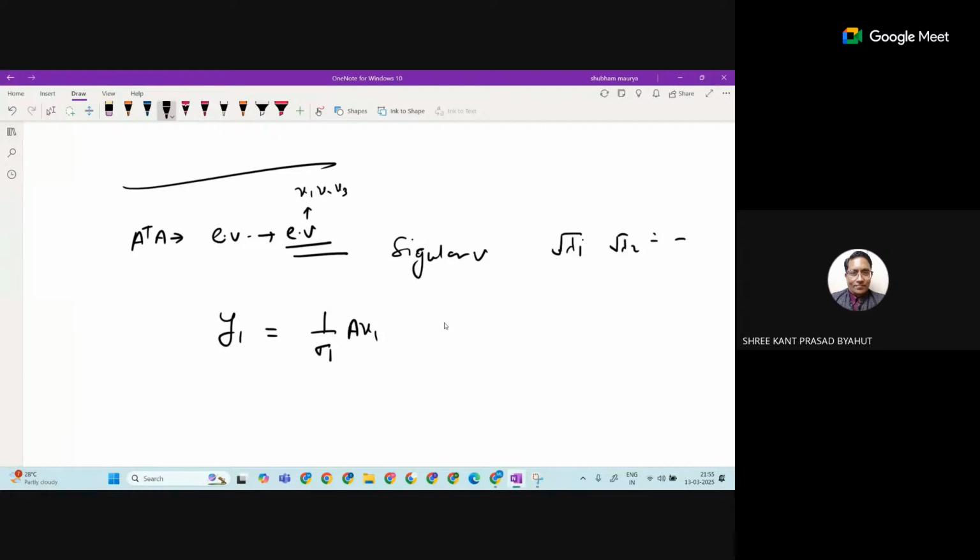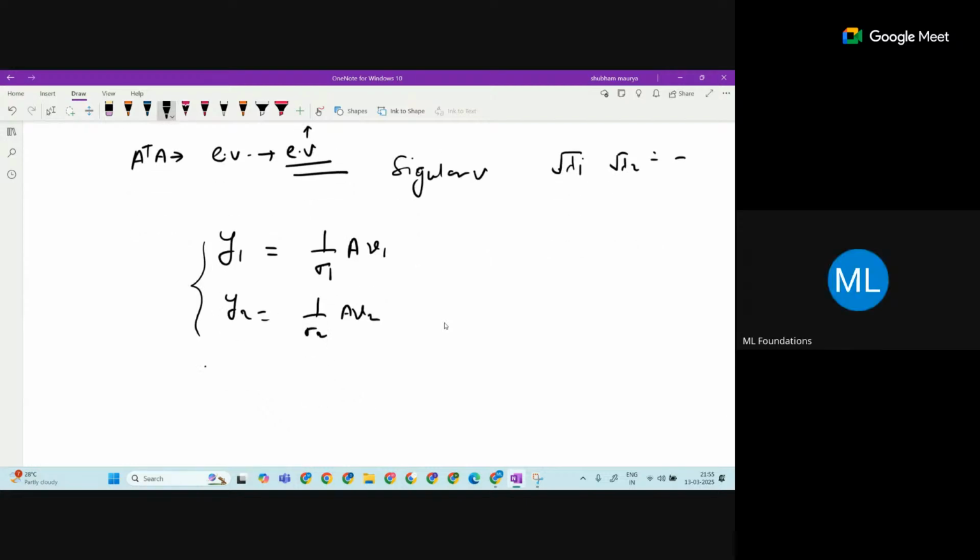So v1. Is this a dot product or simple multiplication? No, this is a matrix multiplication. This A is a matrix and this is a vector. This will give y1. Similarly, y2 is 1 upon sigma 2 times A and v2. And these y1, y2, and y3 you'll use to find Q1. And V1 is coming from Q2.